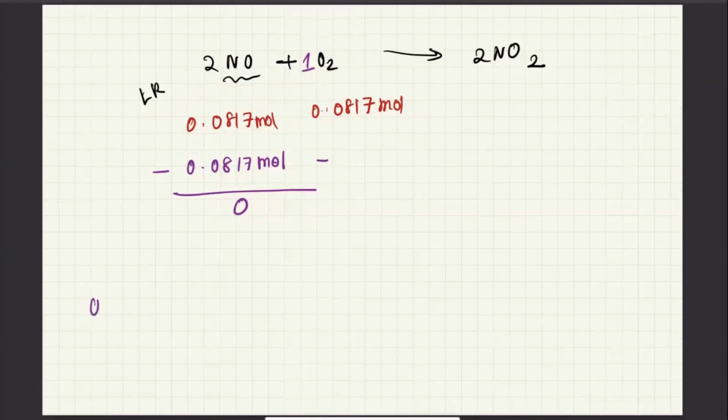So let's just take that 0.0817 mole of what? NO. Multiply with 2 NO on the bottom, 1 O2. So this is gonna give us what?